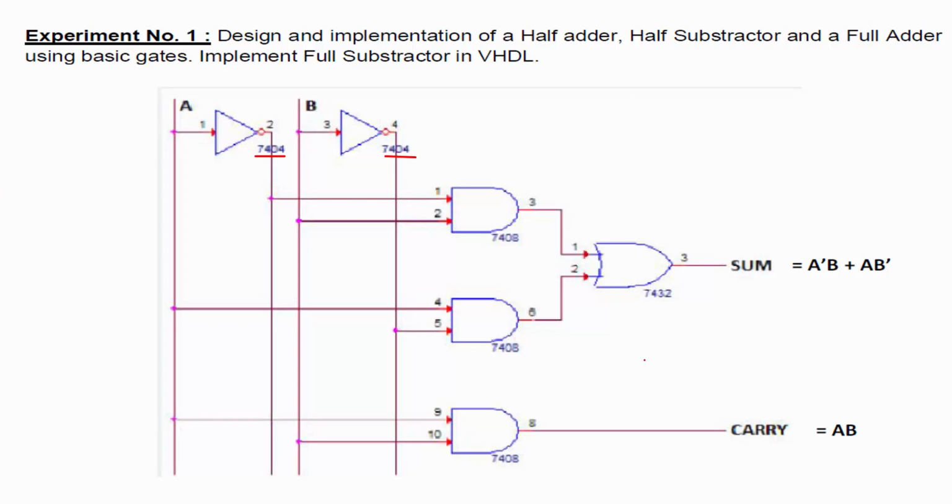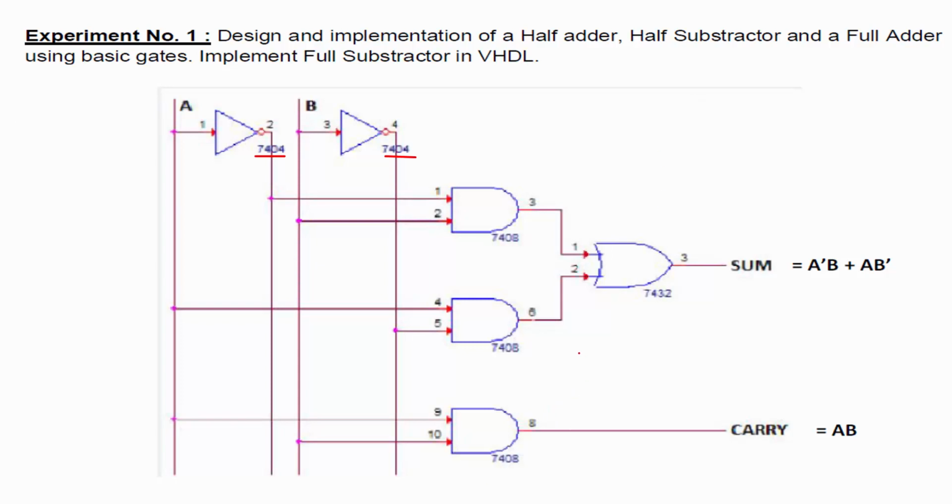After marking all these input output ports and ICs in this diagram, then start the connection. Then it will be easy for you to finish this circuit without making any further mistakes.